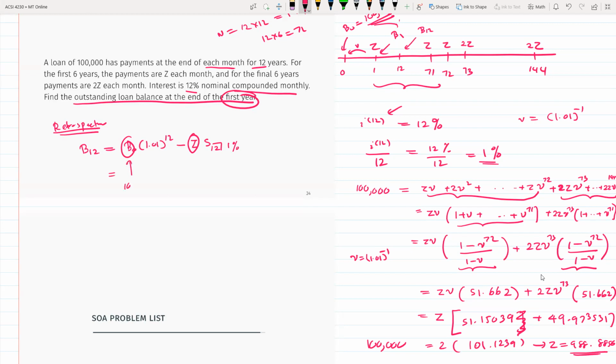So B0 is 100,000, and Z we found is 988.8856, and S12 you can use your calculator. For this one, what you can do is enter the payment as 988.88 and N as 12.